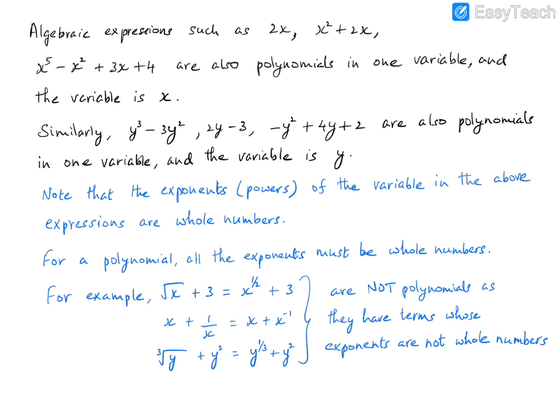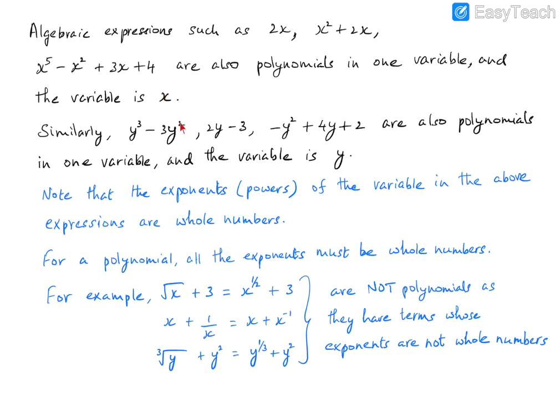In this case we have two terms, so x squared and 2x, and the entire expression has only one variable. Again, it is only x, there is no other letter there. So therefore all these belong to the polynomials category that contain only one variable, and the single variable that is present in all these polynomials is the variable x.